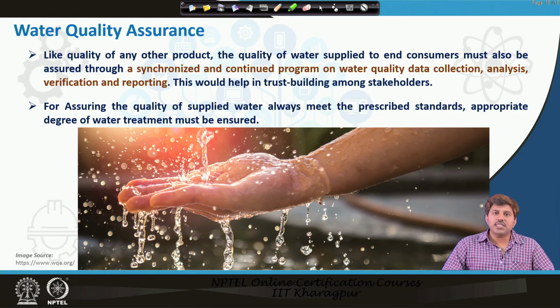But it is not just meeting the standard, we have to have an assurance over the water quality as well. Like the quality of any other product, the quality of water being supplied to end consumers must also be assured. This is almost completely lacking with Indian water utilities. Nobody trusts the water being supplied in the homes.